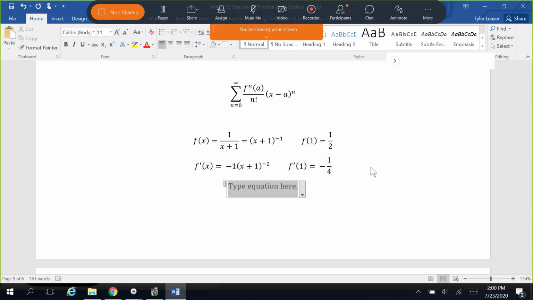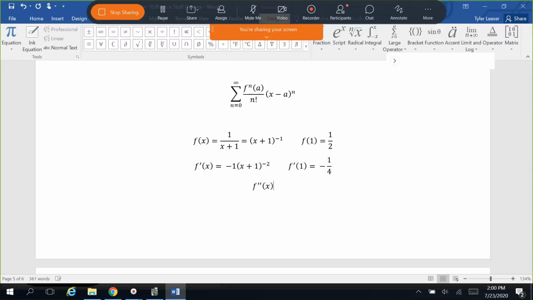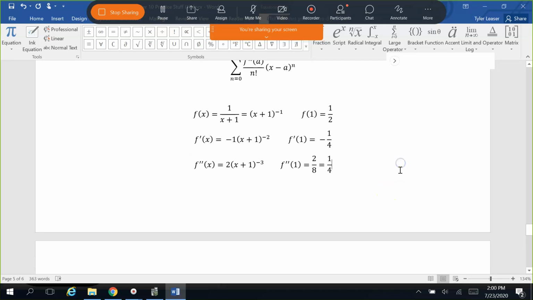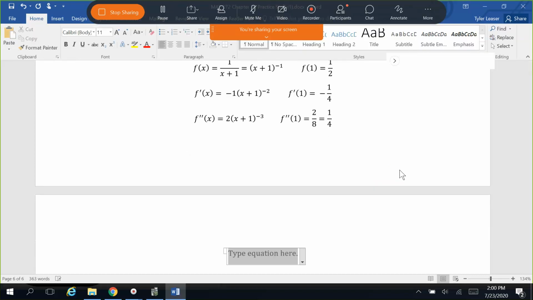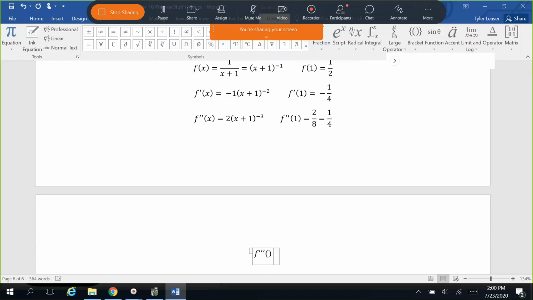I struggled with it. The second derivative is going to be bringing that negative 2 down, leaving the inside alone, taking 1 away from the exponent. Plugging 1 into that is going to be positive 2 over 2 cubed, 8. So we get positive 1/4. Maybe one more, and then hopefully at this point we can see the pattern.